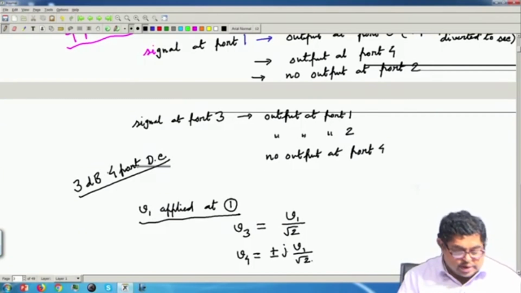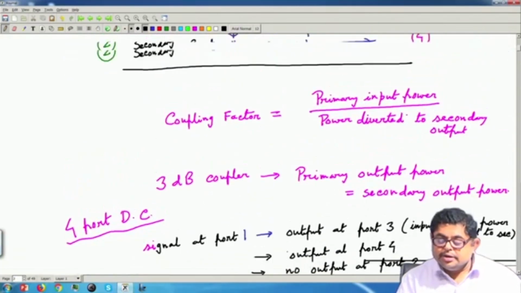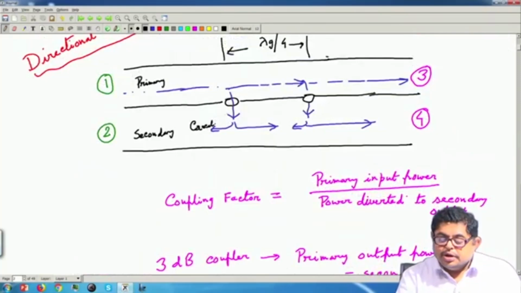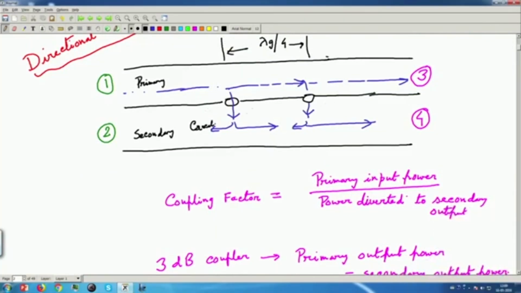Now, let us see this drawing. You see these holes, they are the coupling paths. Now, if the holes are in the broad wall of a coupler, then we get a plus j.